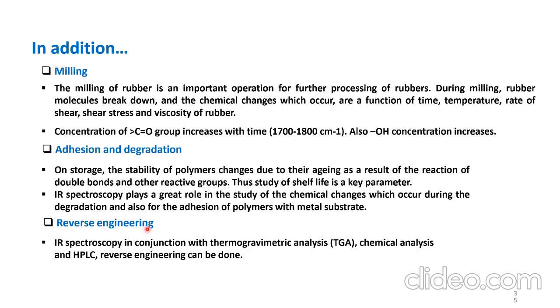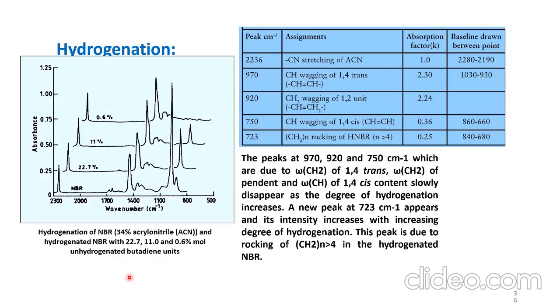Then reverse engineering can be done, to analyze which material is present in an unknown sample. In that case we can use IR spectroscopy with thermogravimetric analysis and other analyses like HPLC. So this is a very helpful technique.